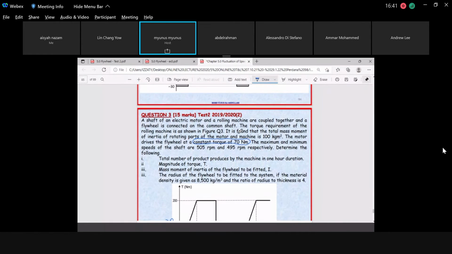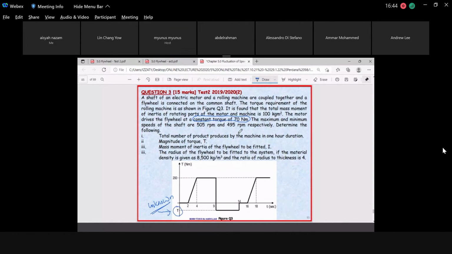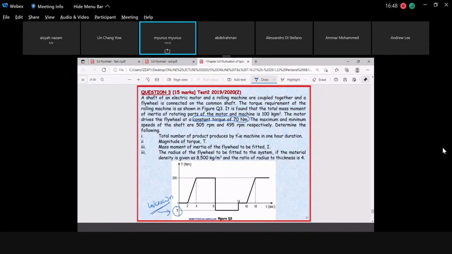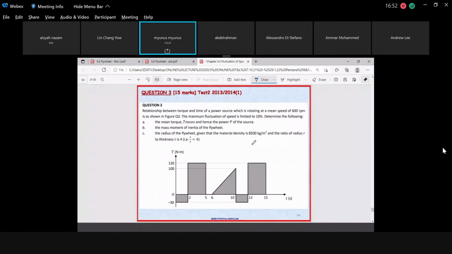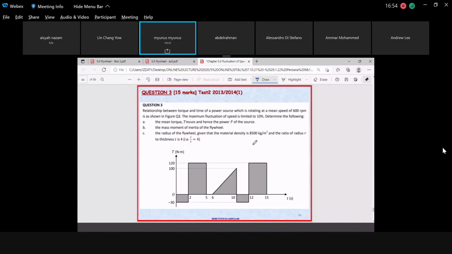The other graph, this one is very recent, 2020 semester, second semester. This one is quite a long time ago, about 8 or 7 years ago. If you look at this one now, very carefully, everything is given, isn't it?